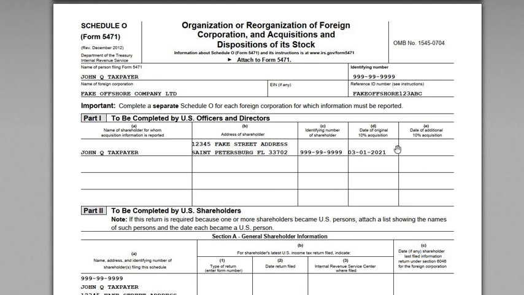But then if John buys additional stock, so if he gets an additional piece of the share, and that's an additional 10% acquisition, then we have another filing instance where he has to report this again, right? So we have the original acquisition, and then if in year 6 he gets an additional 10%, then when we file this again in year 6, we have the date of the additional acquisition, okay?